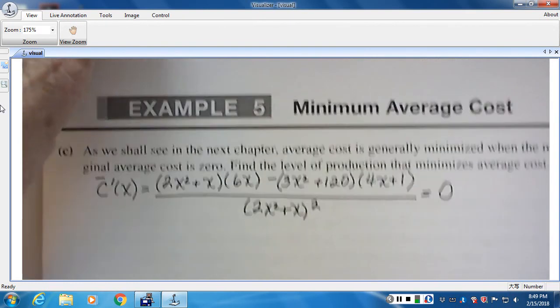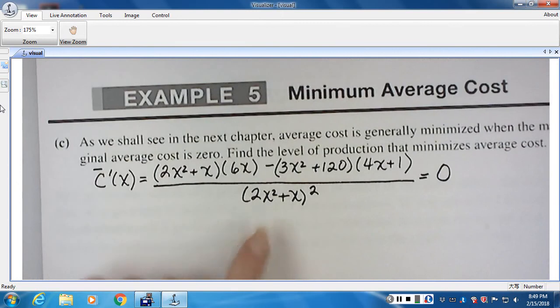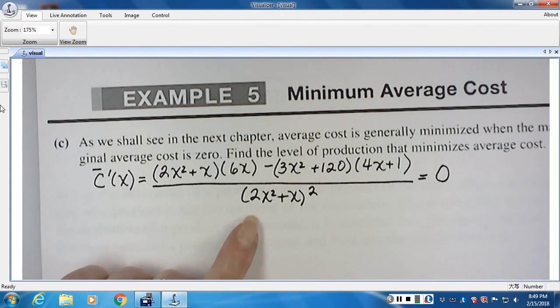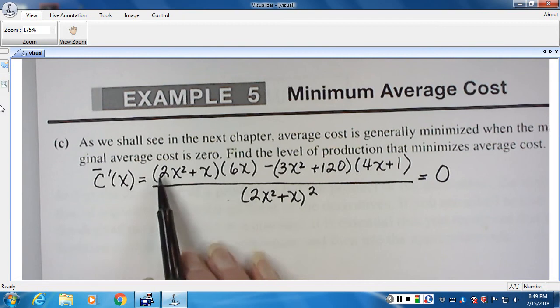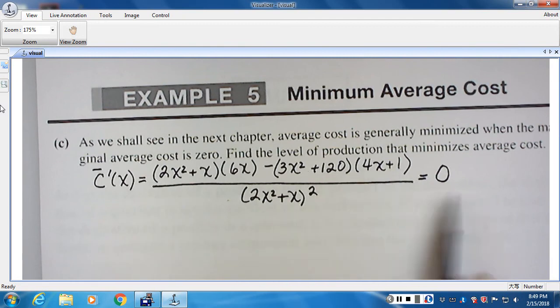Now that looks pretty terrible. But I want you to take one thing into account first. Does it really make a hill of beans what the denominator comes to? Because what needs to be 0 for that quotient to be 0? Only the numerator, right?